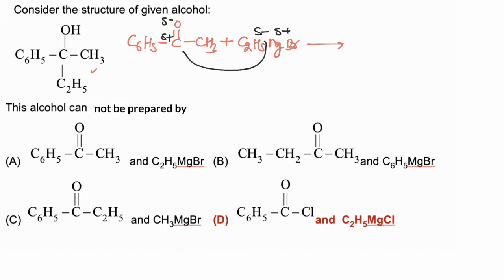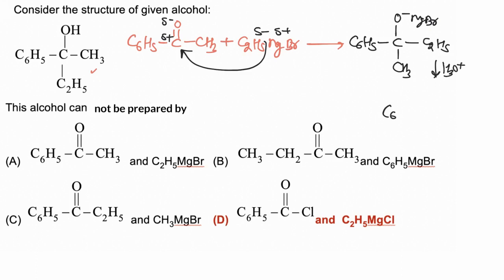Now C2H5 donates a pair of electrons, so C6H5-C(O-MgBr)(CH3)(C2H5) is formed. Now this molecule after acidic hydrolysis gives C6H5-C(OH)(C2H5)(CH3). So in the first case we get the product.